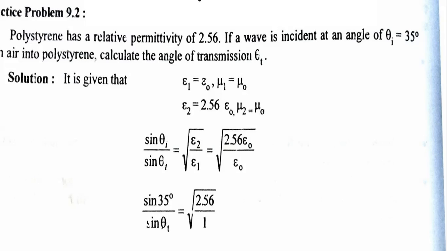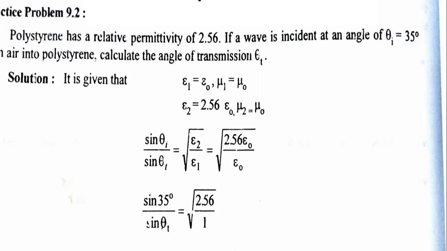Now come to how we can calculate the angle of transmission. Sine theta I divided by sine theta t is equal to root of epsilon 2 divided by epsilon 1, which is root of 2.56 epsilon 0 divided by epsilon 0.